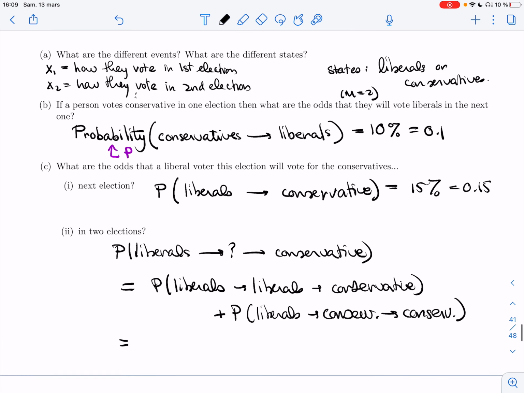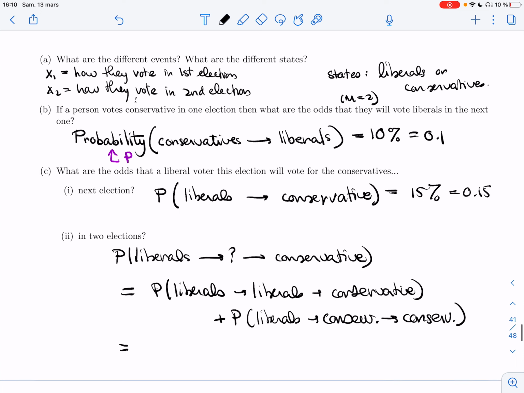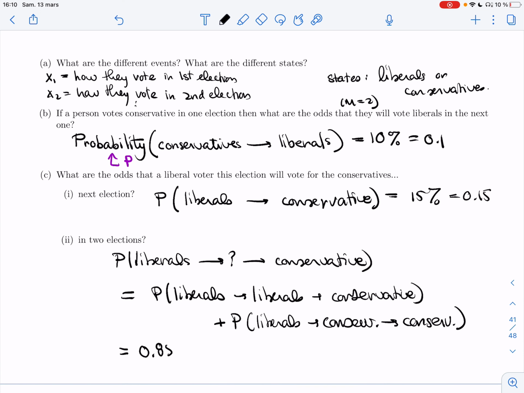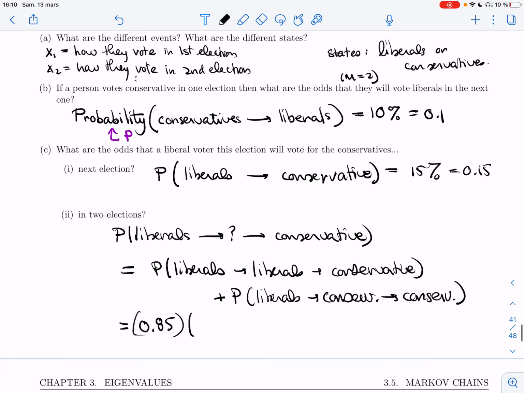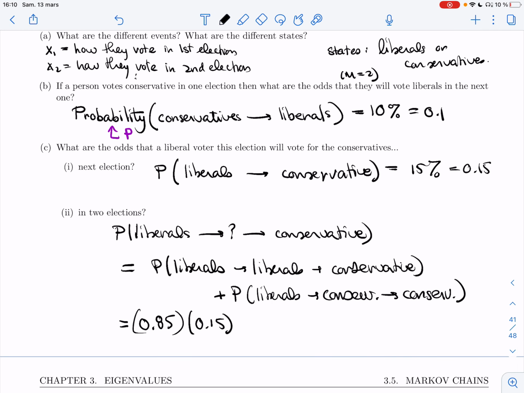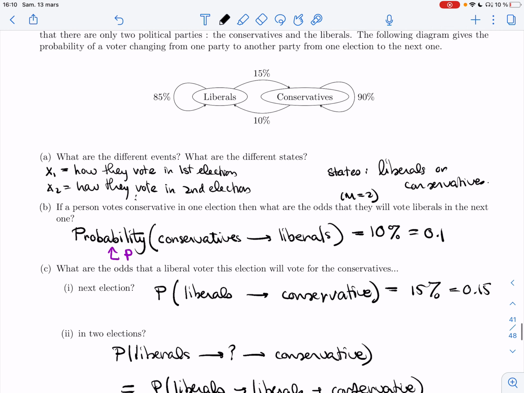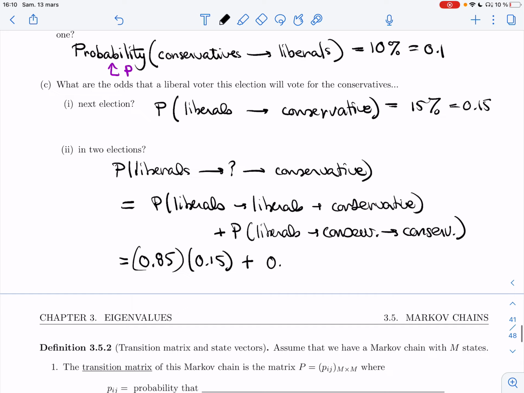All right, so liberals to liberals, that's 85%, so 0.85. Liberal to conservative, we found it, that's 0.15. And then the other possibility is that right away they go from liberal to conservative and then stay conservative. So liberal to conservative, that's 15%. And then we have 90% conservative to conservative.